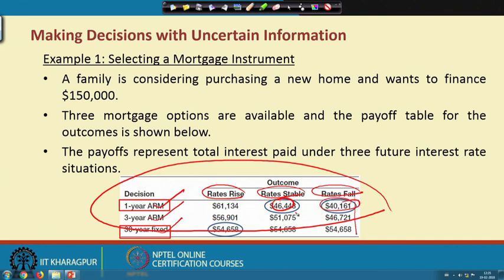So, that means the minimum one for each case has been picked up, and then finally we have 3 different options. Out of all these 9 options, the first step is to streamline the process into 3. Then out of these 3 we have to select the best. If it is a minimization process, then out of these 3 we have to find the minimum.